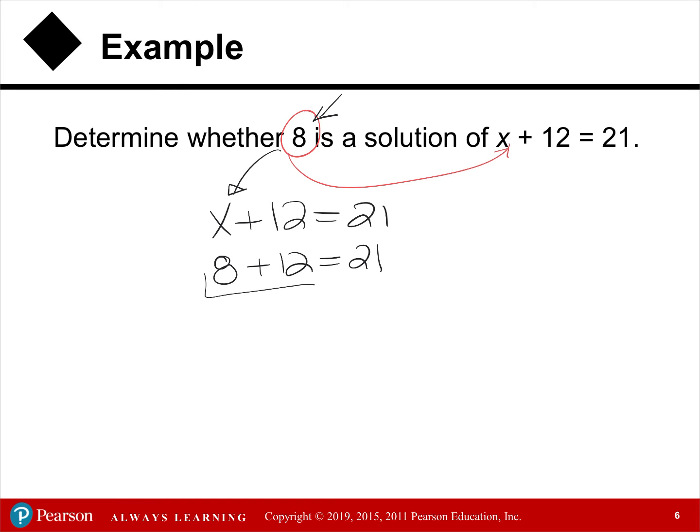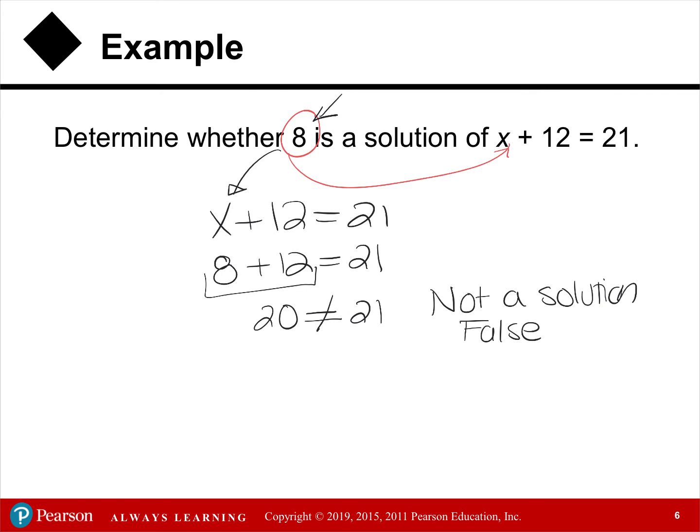Then I'm going to do this side. 8 plus 12 is 20. 20 does not equal 21. So it is not a solution, or we can say false. Notice that these are not the same, right? Which is why we say false.